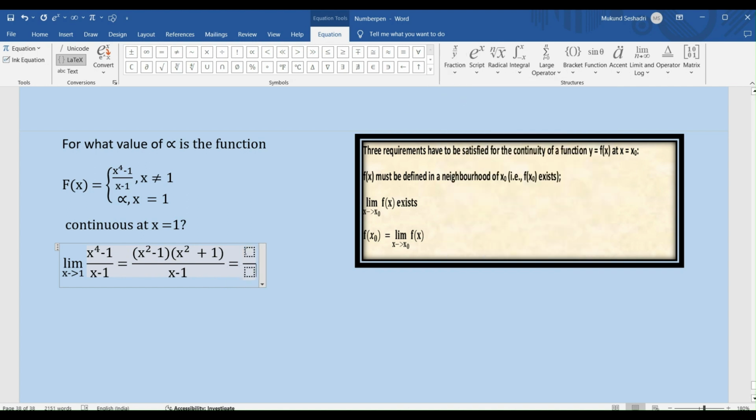Because I have my x square minus 1 further be written as x minus 1 into x plus 1, and this expression again remains as it is, right?